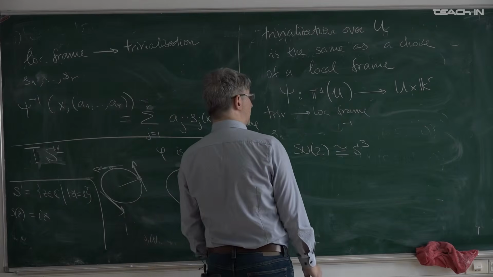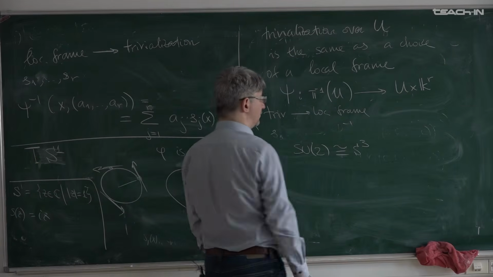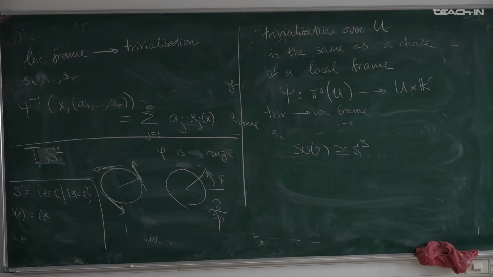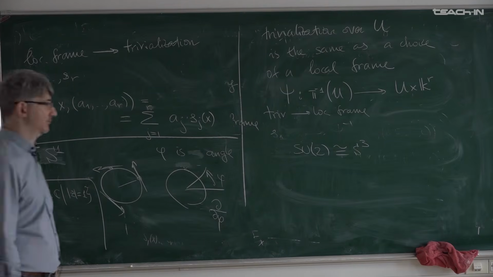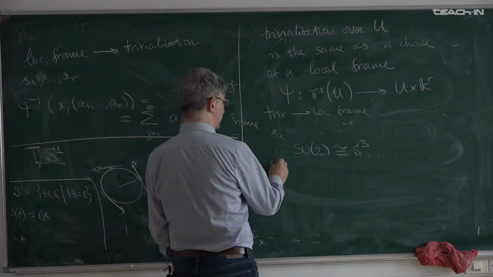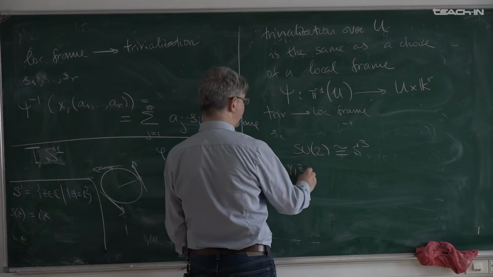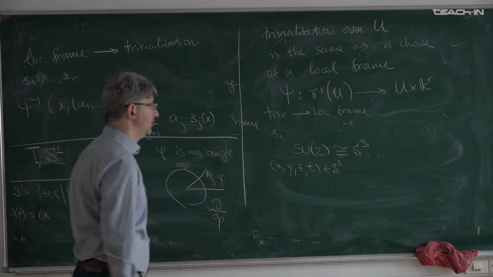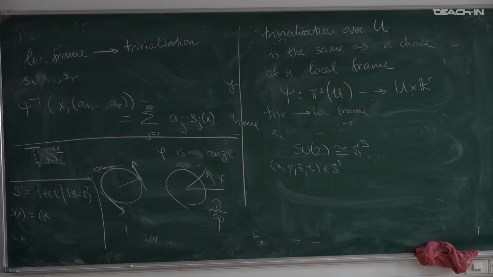But if I want to look at the trivialization in a geometrical way, how to do it? There are at least two ways to see it. So we have a point x, y, z, and t. I want to see 3 sections which are non-zero and linearly independent at each point.